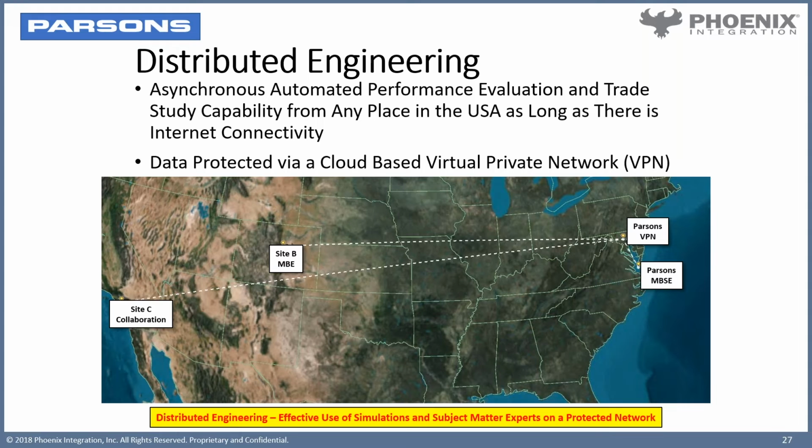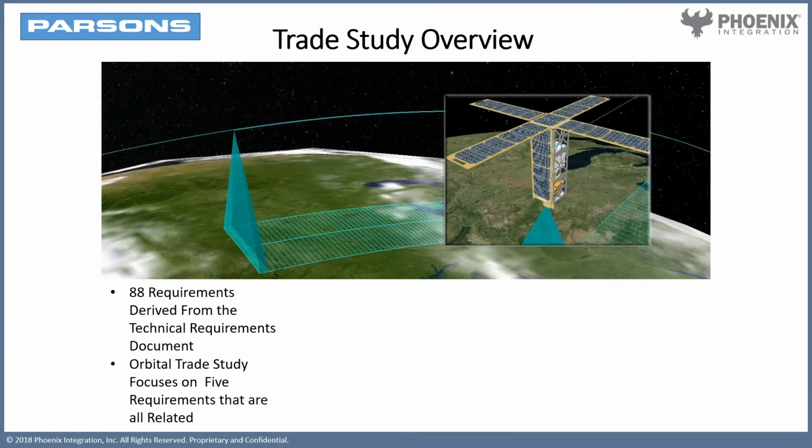What they were trying to achieve here, or the use case that they were trying to accomplish, had to do with a satellite orbiting as well. Based off of their technical requirements document, they had 88 requirements that they had to meet.